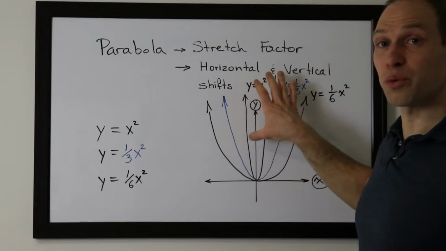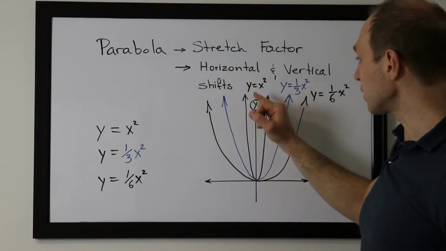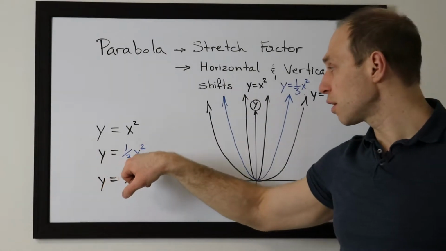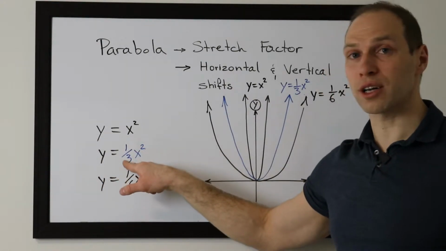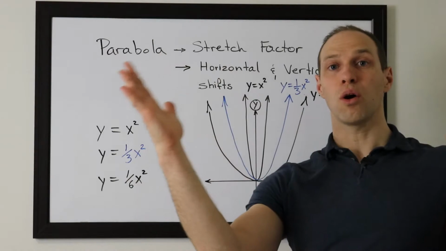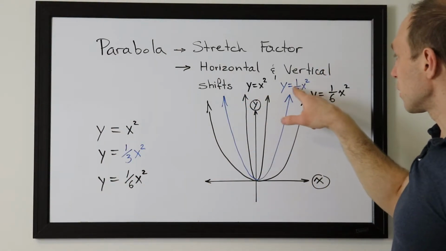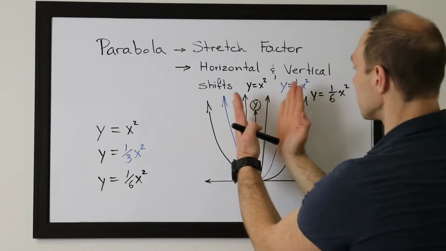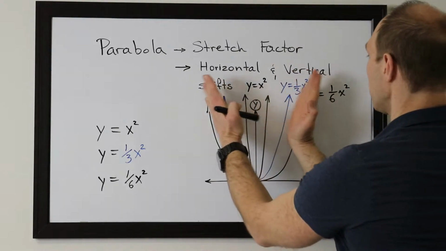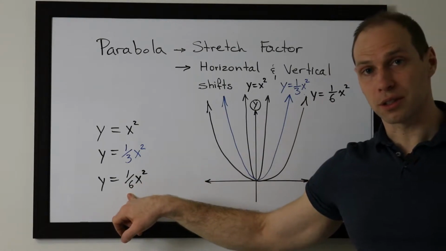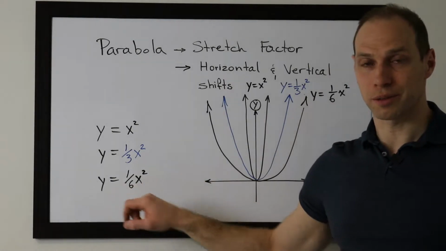Using this as a reference point, we can see that whenever we introduce a fraction in front of an x squared, the stretch factor now makes the parabola wider. And so you can see that in this case, it widens more and more as the number is being decreased in front of x squared.